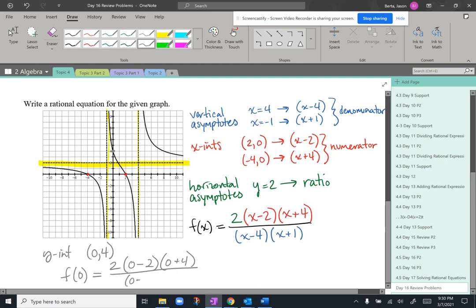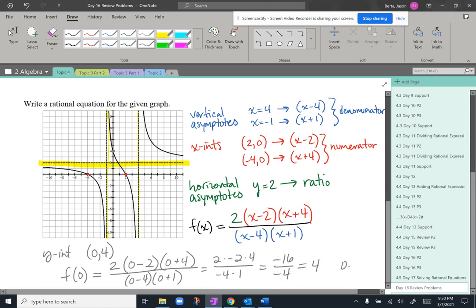In the denominator are factors of 0 minus 4 and 0 plus 1. This will simplify to 2 times -2 times 4 over -4 times 1, which equals in the numerator -16, and in the denominator -4, and that will simplify to 4.